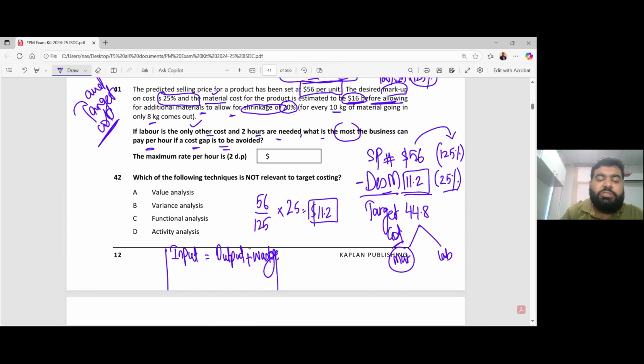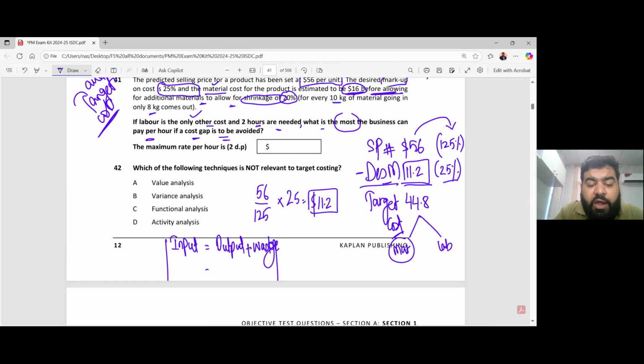Same formula here. We have the value of output, that was $16 material. The final material we are using in 1 unit of product is $16.